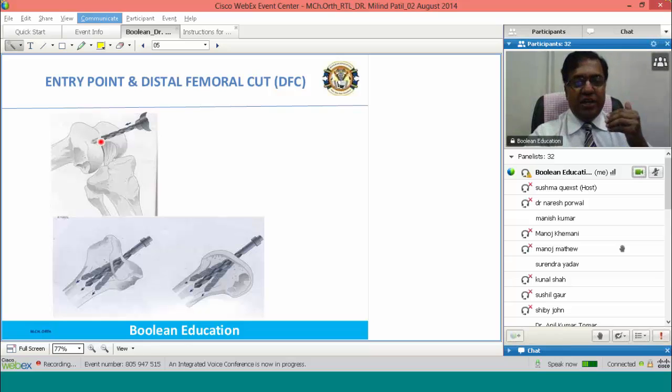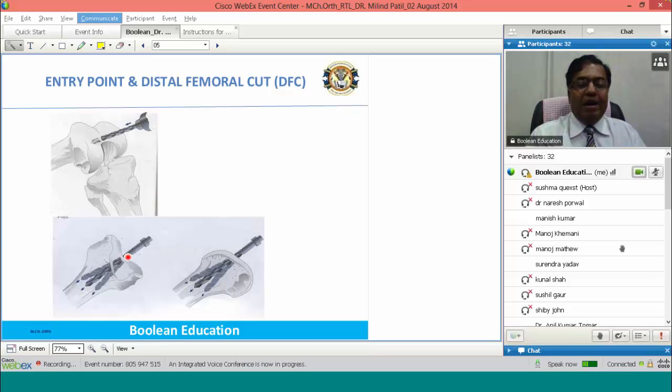Once you go in from there, what is important here is all these people are very osteoporotic, and the medullary canal is quite broad. A good number of times you may be able to put a nail of almost 11 or 12 millimeter into the medullary canal, but our intramedullary rod is hardly 6 mm thick.